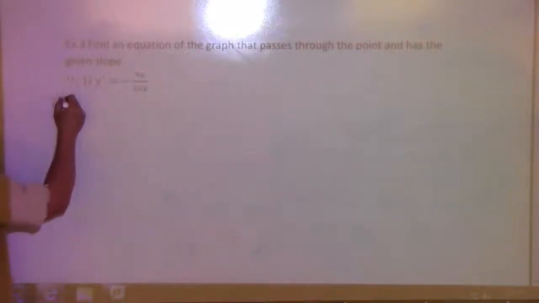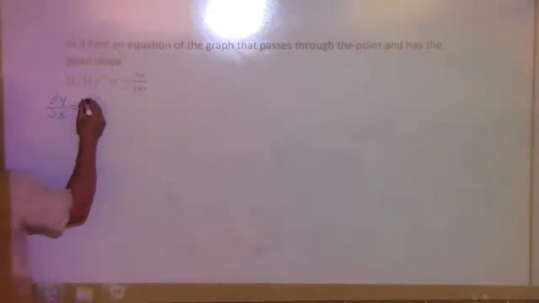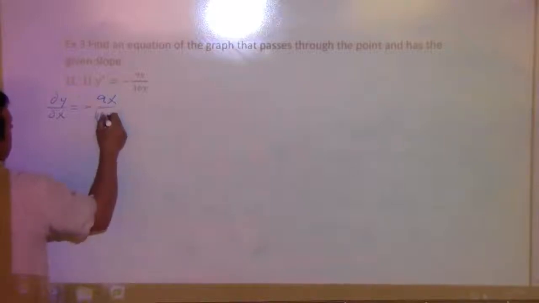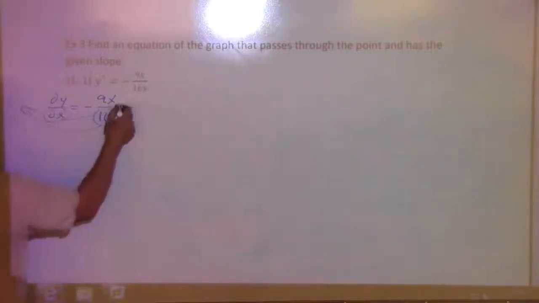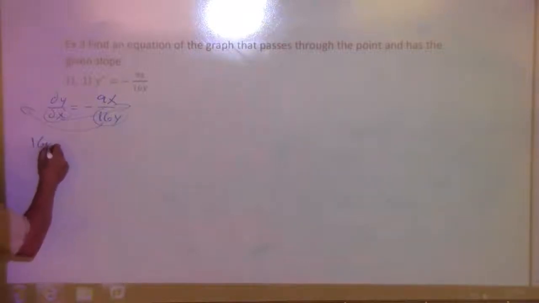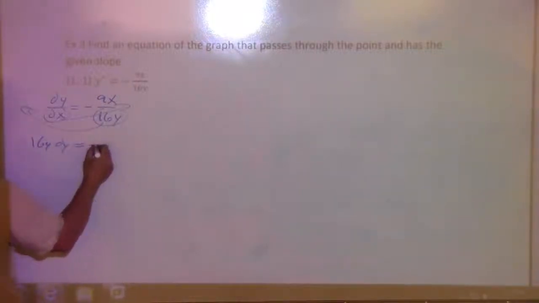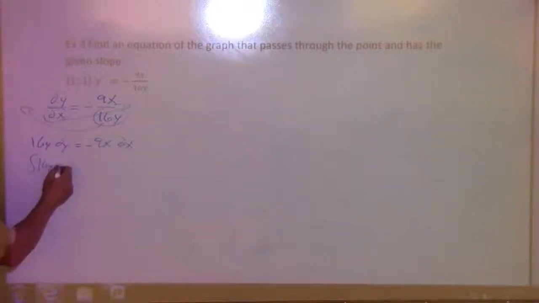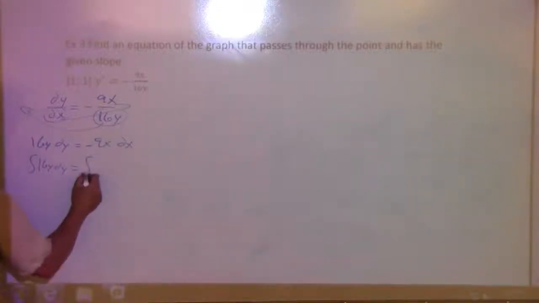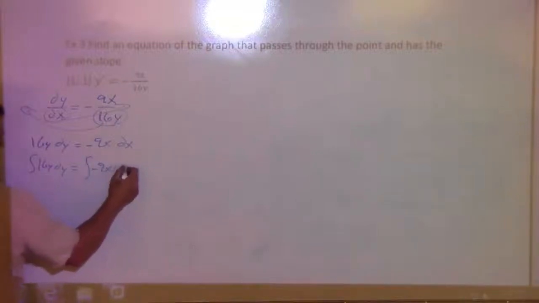Think of this as dy dx equals negative 9x over 16y. This part's going to go over there, this part's going to go over there. So 16y dy equals negative 9x dx. The integral of 16y dy is equal to the integral of negative 9x dx.